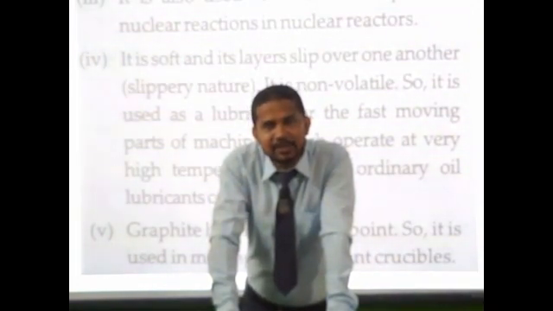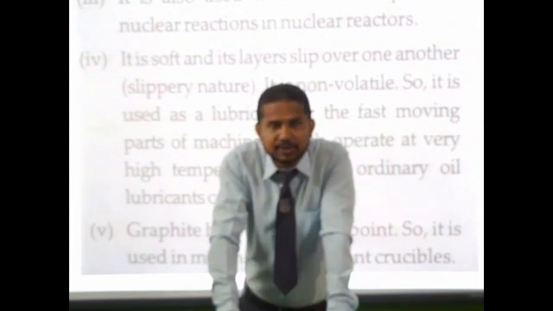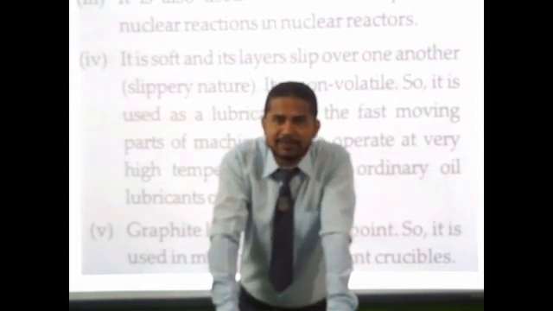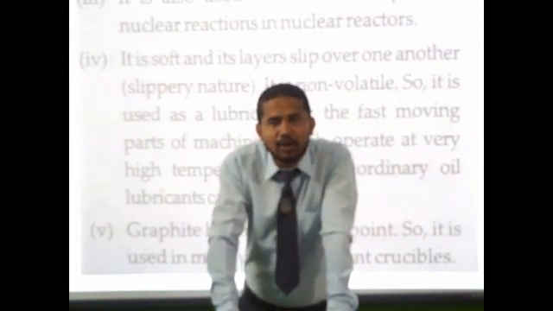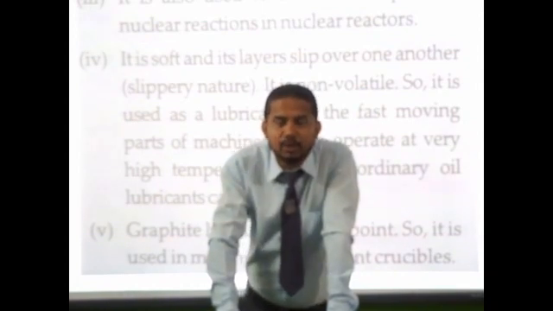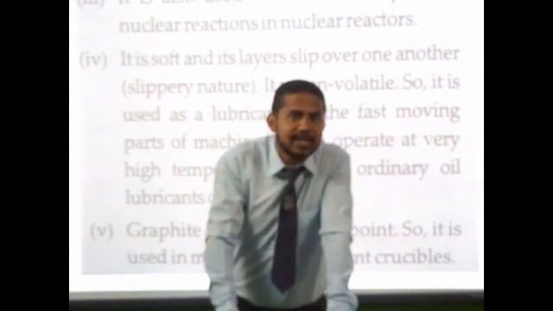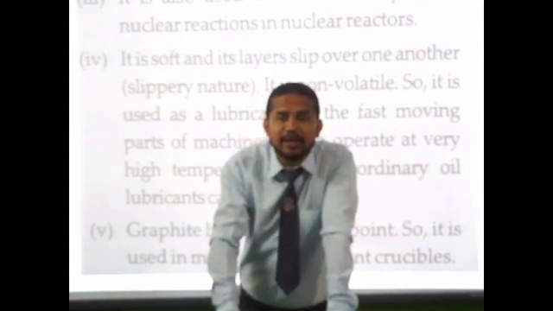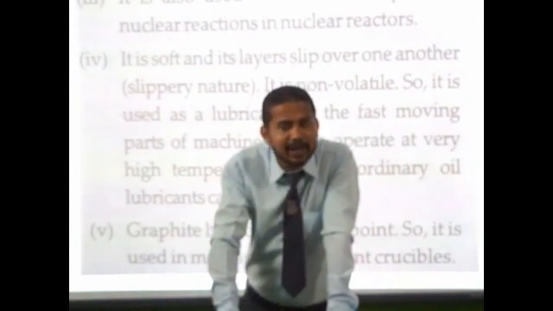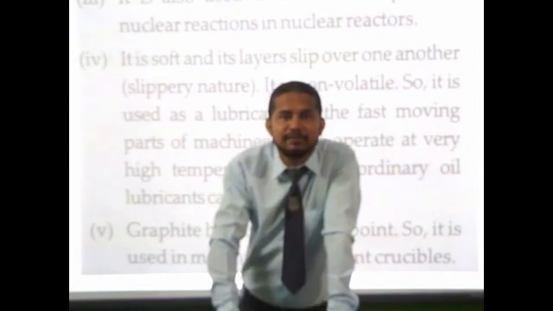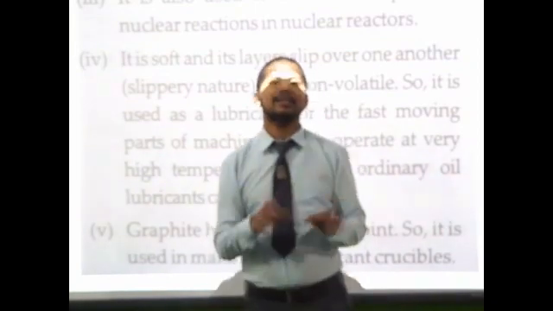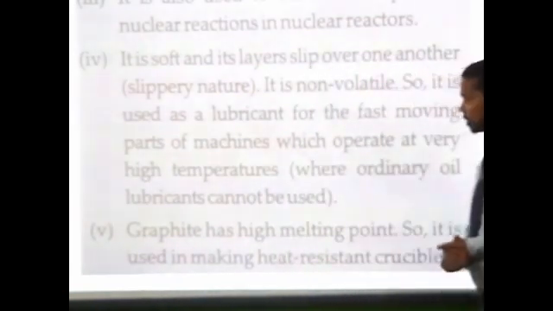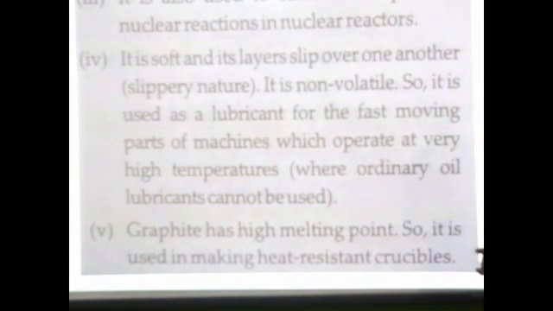So for machines which run at very high temperature, which lubricant is used? Graphite. Because graphite is non-volatile. At any temperature, graphite does not get vaporized easily. So because of this, it is used as a lubricant.